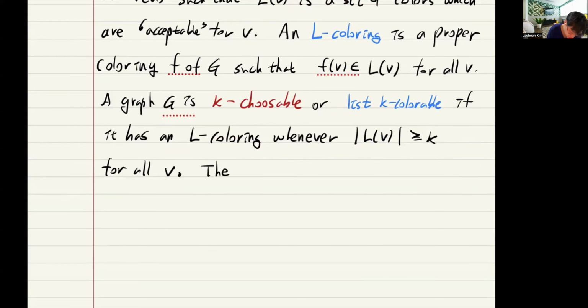And we define the concept corresponding to the chromatic number, which is the list chromatic number.